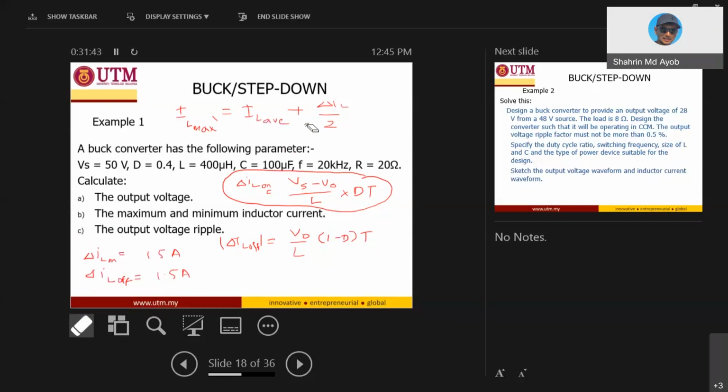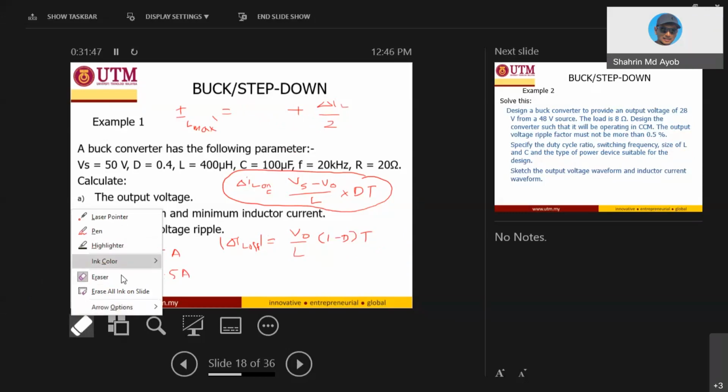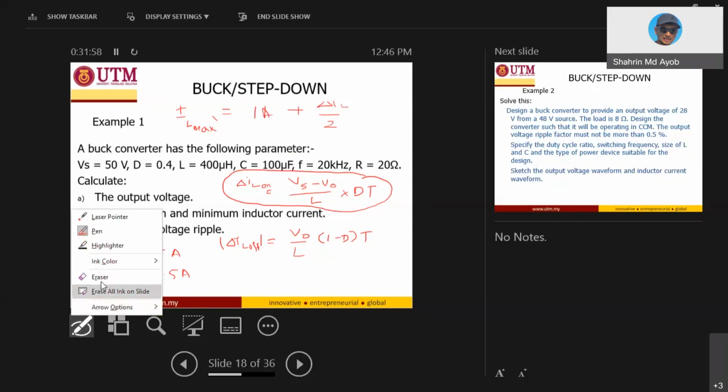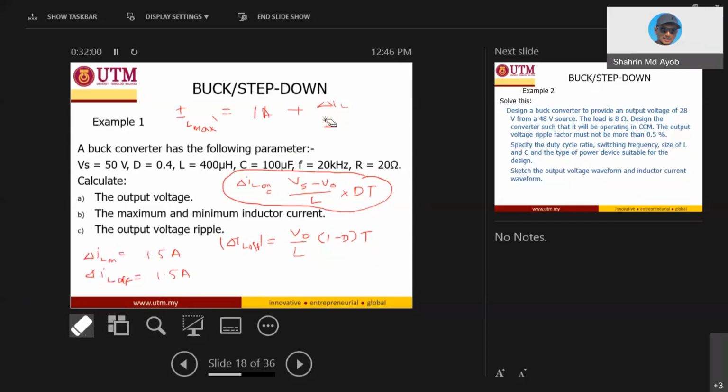So your IL average that you have obtained earlier is 1 ampere, right? And delta IL over 2. So right now your delta IL is 1.5 over 2. So you should get 1.5 over 2 lah. So this one berapa? 0.75. 1.75 amperes.